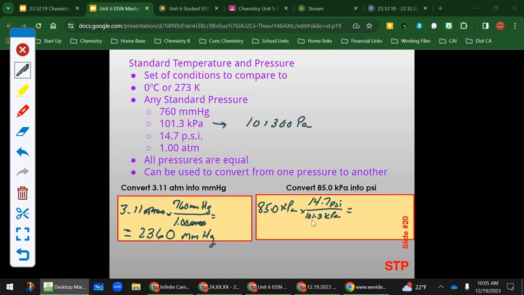Multiply by the number on top, divide by the number on the bottom. So, how many sig figs are we ending up with? 3. 12.3 PSI. Questions?